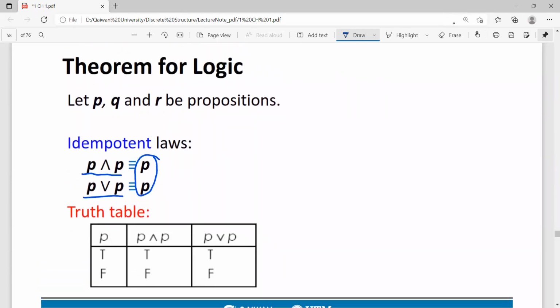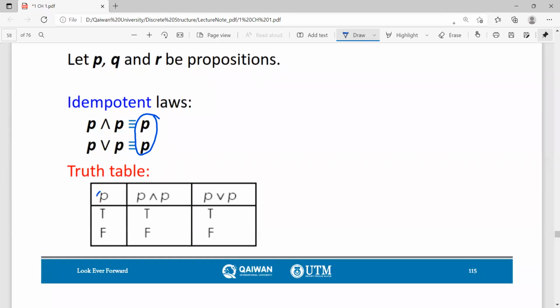Here we have the identity element, with respect to and, or also. The identity one is the set itself. As you see, if we connect a proposition with itself by or, and, in both cases we get the proposition itself. We have P and P, P with itself.